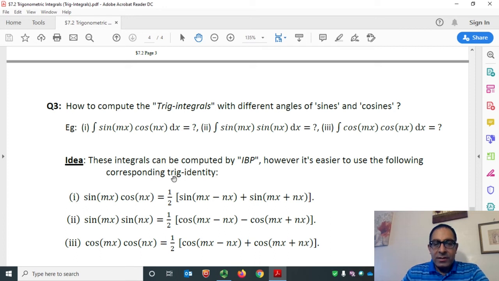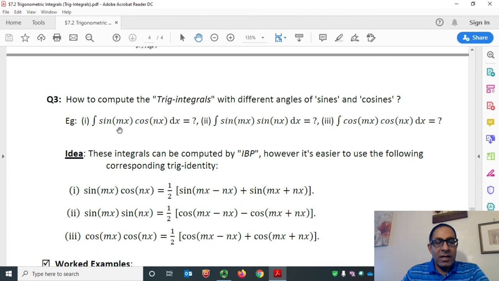So the idea: these integrals can be computed by integration by parts. However, it's easier to use the following corresponding trig identities. If you have sine mx times cosine nx, then we use this formula: 1/2 [sine(mx minus nx) plus sine(mx plus nx)].